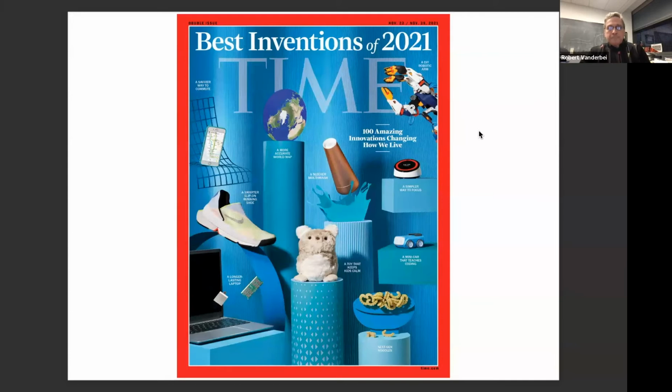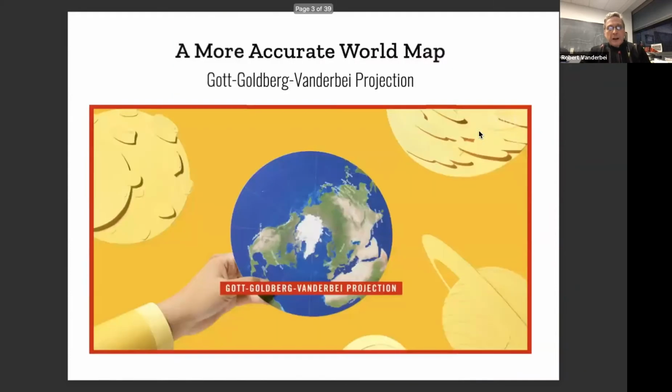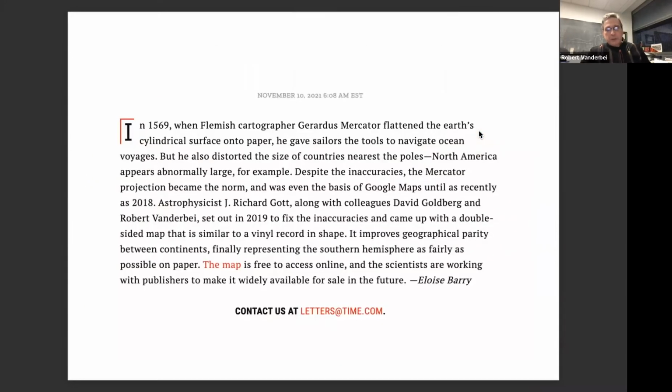So I thought I'd show you inside Time magazine. Here's the little brief description of our contribution, A More Accurate World Map, by my colleagues Richard Gott and Mr. Goldberg. So that's how they show it, and they have a little description of the map.